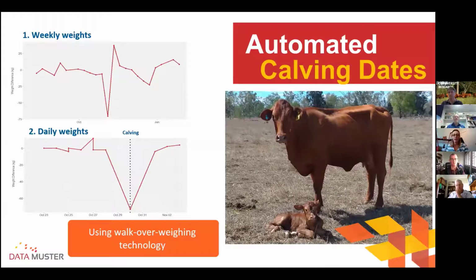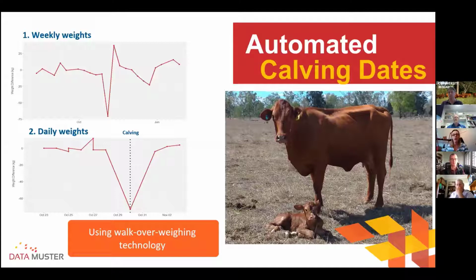A major area of research is that we've been using the Data Master system and walkover weighing to automatically capture calving dates. We have developed an algorithm that uses a combination of a cow's average weekly weights throughout the calving season, as well as her individual weight records. The two graphs on the left side of the screen explain somewhat how the algorithm works.